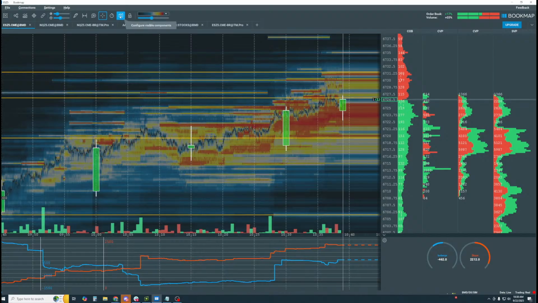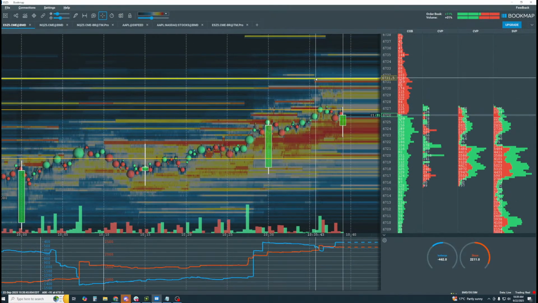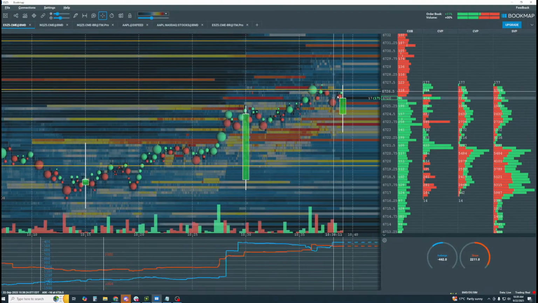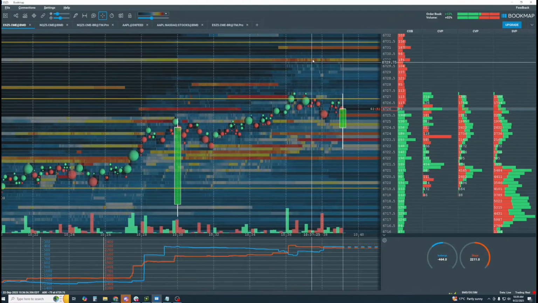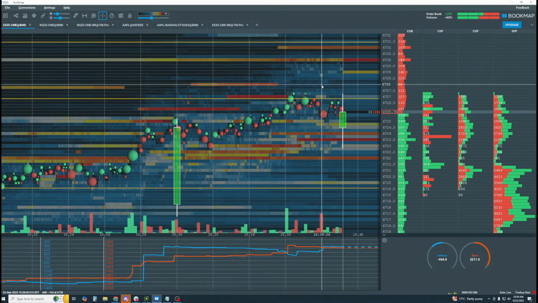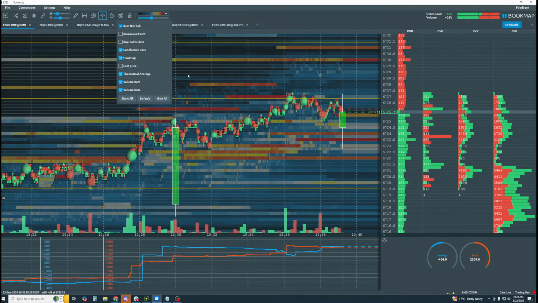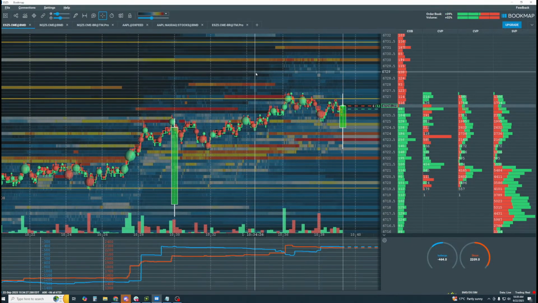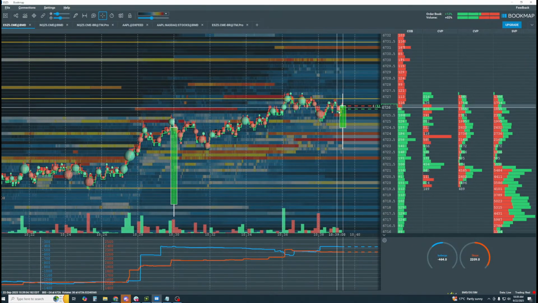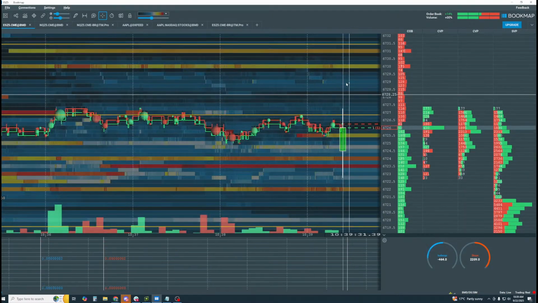So now let's turn on the volume dots. Okay, and let's see how is that reacting with this strong bid. And let's also turn on the best bid and offer. All right, here's our reaction with a strong bid here at 25.5.